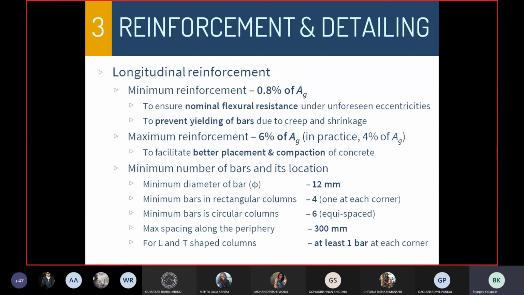The answer lies in what we just studied: even though you're sure that it might be under pure axial compression, there are a number of practical reasons because of which there could be lateral loads, because of which there could be moments. Hence, your column should have a minimum flexural resistance, or a minimum bending resistance. For this, there has to be a certain minimum reinforcement. Another reason is to prevent the yielding of bars due to creep and shrinkage. Have you heard of these terms before? Creep and shrinkage.